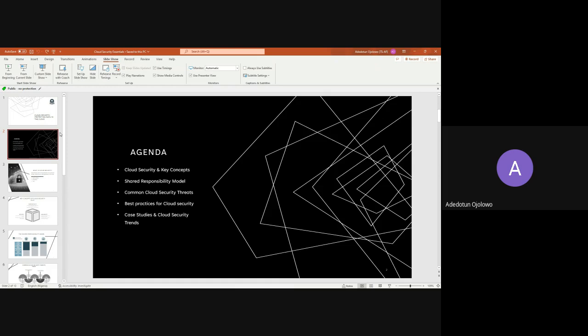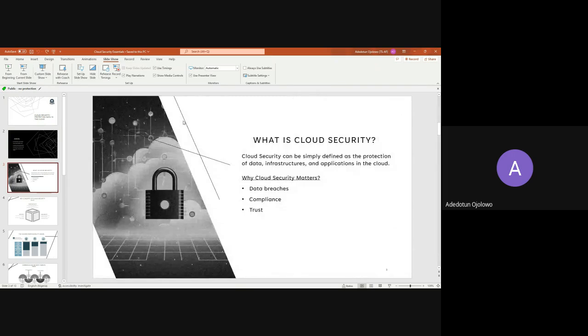Okay, so I think we could start the session. So first, what is cloud security? A very basic way to define cloud security is just the protection of data, infrastructure, and applications in cloud. Cloud security is very critical, especially in today's IT infrastructure, because a lot of organizations and individuals are moving to cloud, as Fortress explained to us in our last class.